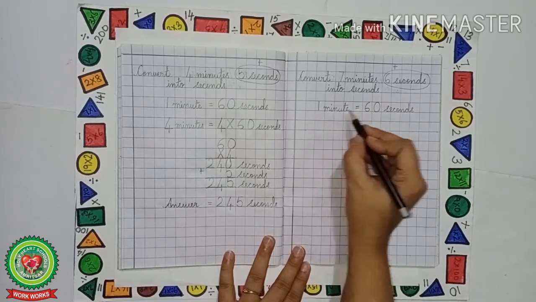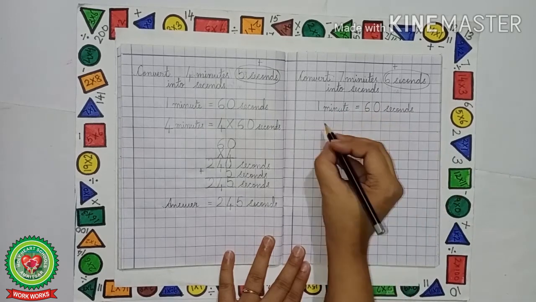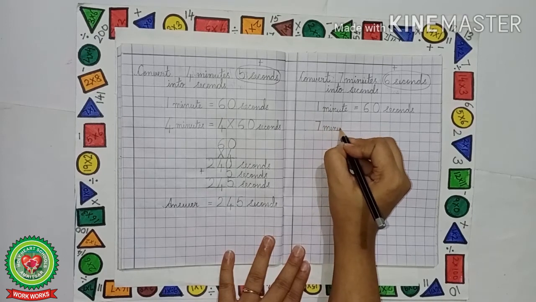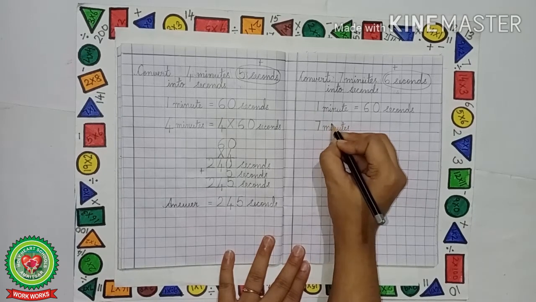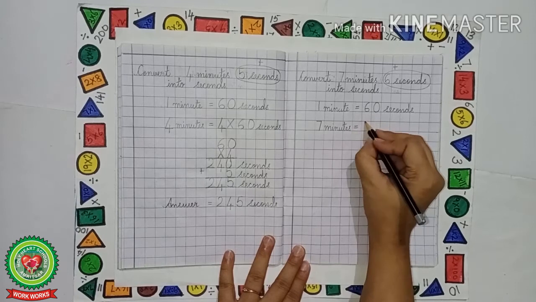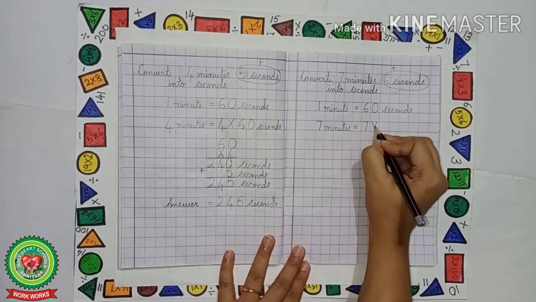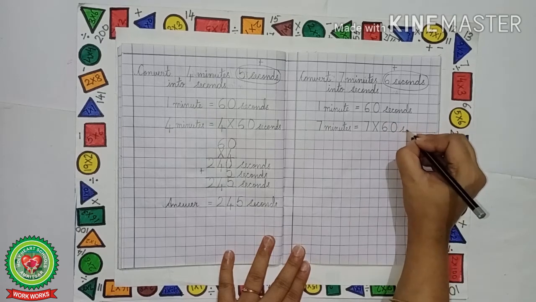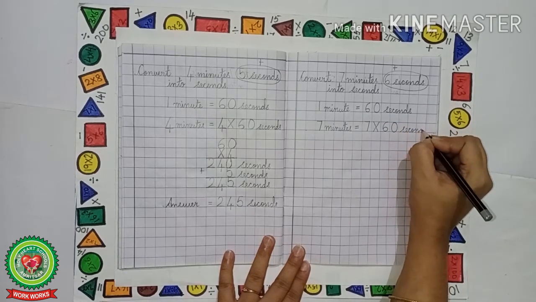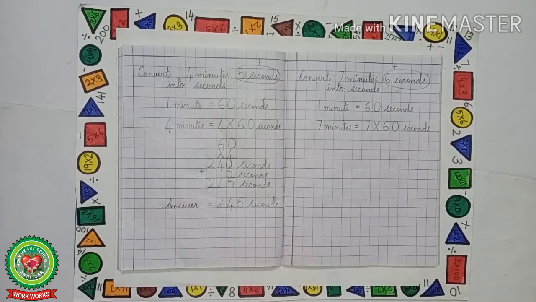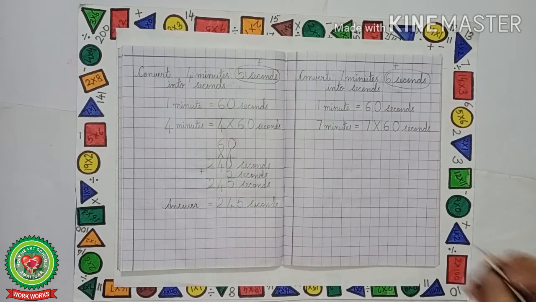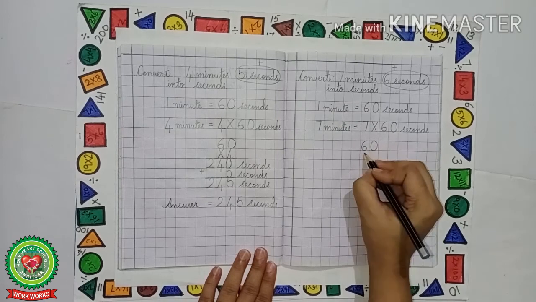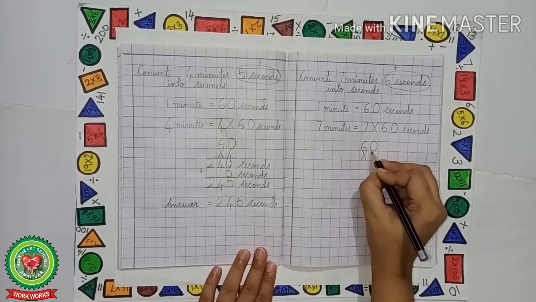So if 1 minute is equal to 60 seconds, then 7 minutes will be equal to 7 multiplied by 60 seconds. So kids, let us multiply now. Let us set the number 60 multiplied by 7.